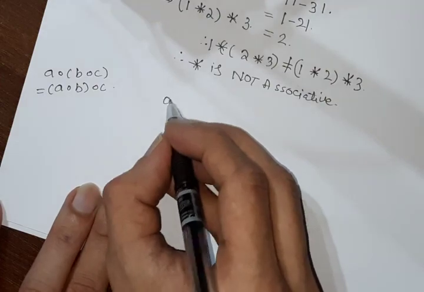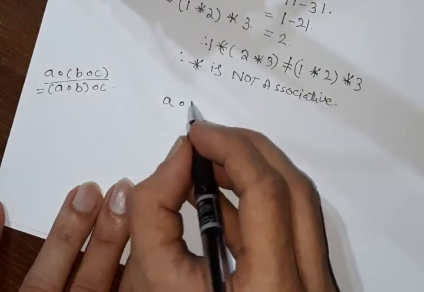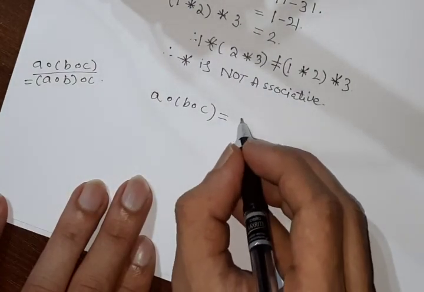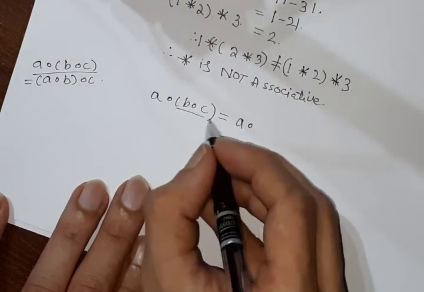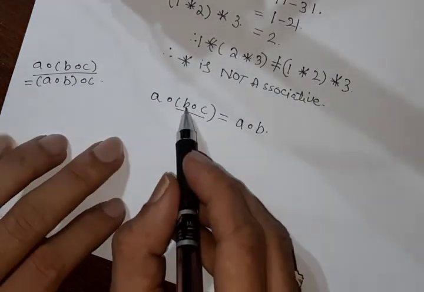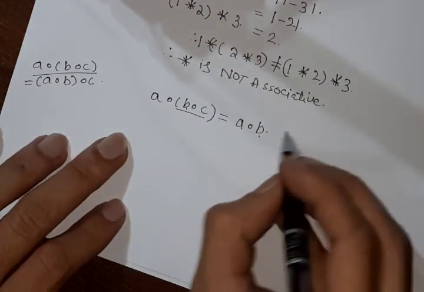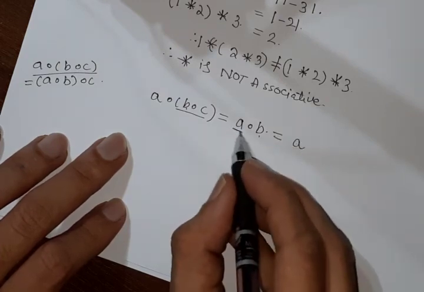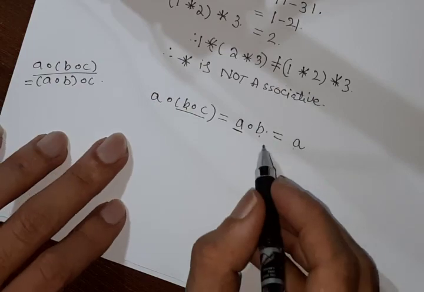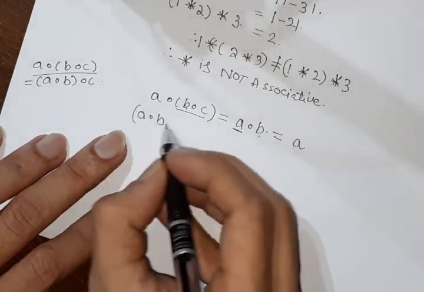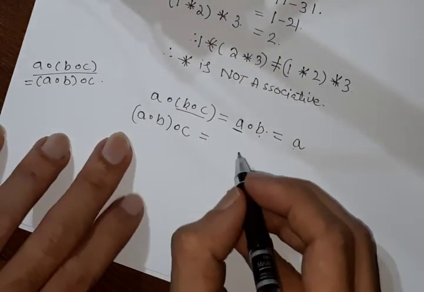Now suppose we take the left hand side here, that is A O (B O C). B O C will be nothing but the first element, that is B. Which is equal to A, because A O B is nothing but the first element, which is A. So A you got. Now what about (A O B) O C? This we have to check.